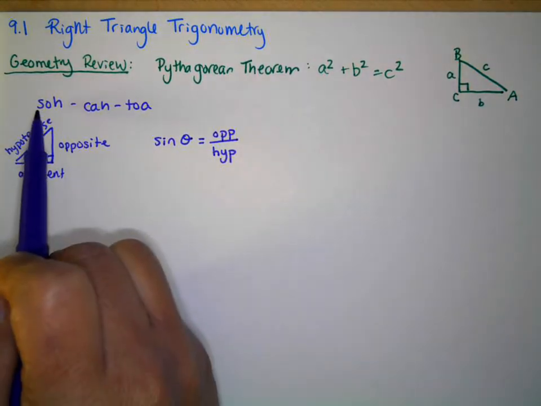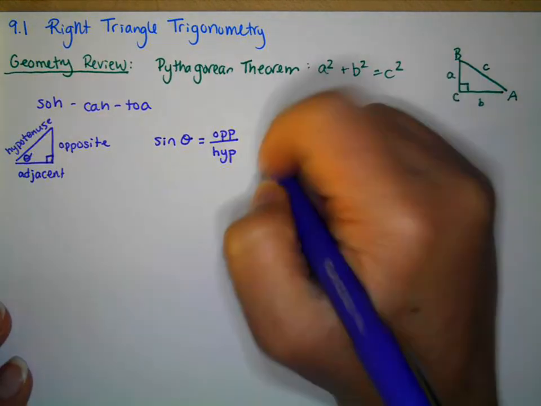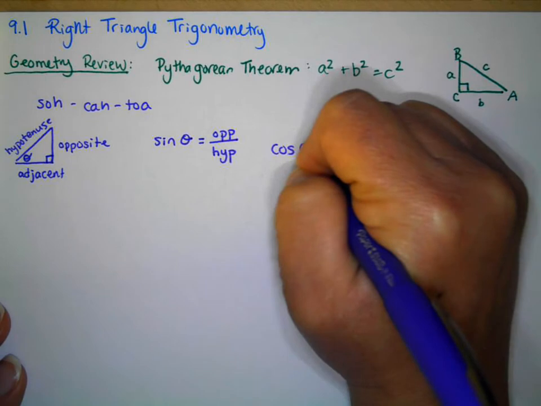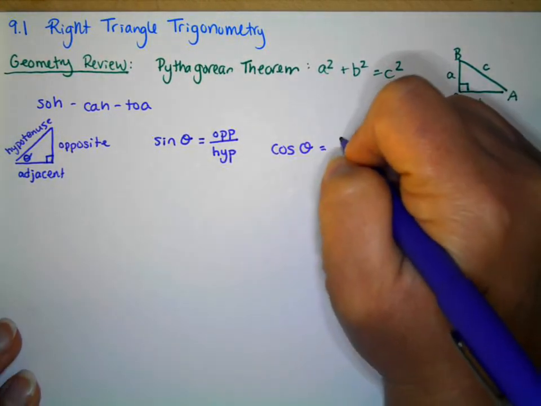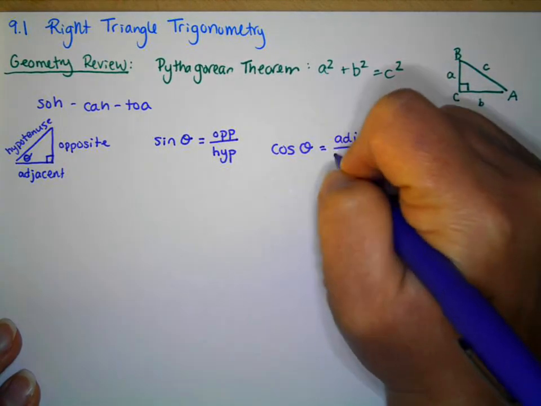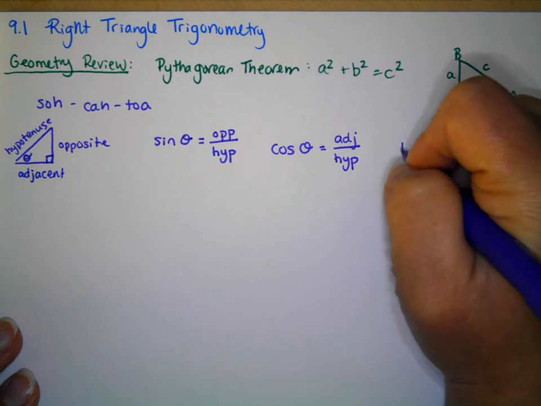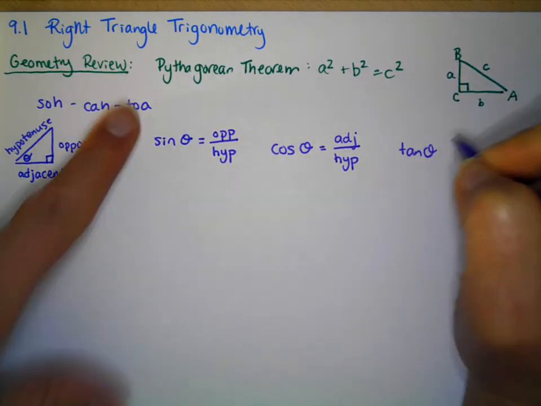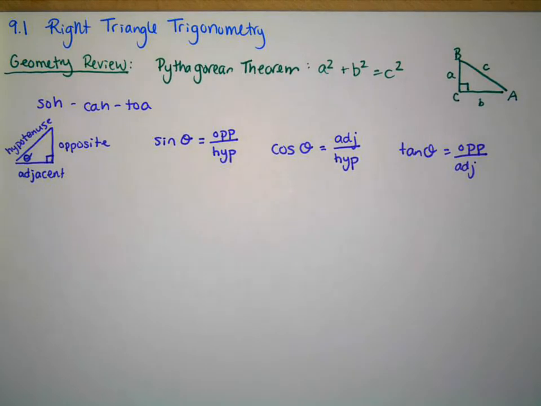What this says is sine equals opposite over hypotenuse. Cosine of the angle is CAH, so A is the adjacent side over the hypotenuse. And TOA: tangent is equal to the opposite side over the adjacent side.